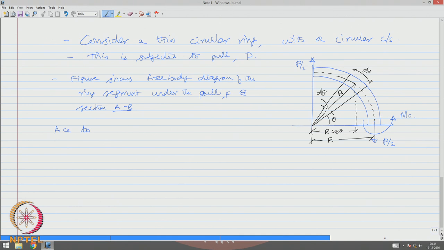According to Castigliano's theorem, the derivative of U with respect to M0 is 0, where U is the strain energy.